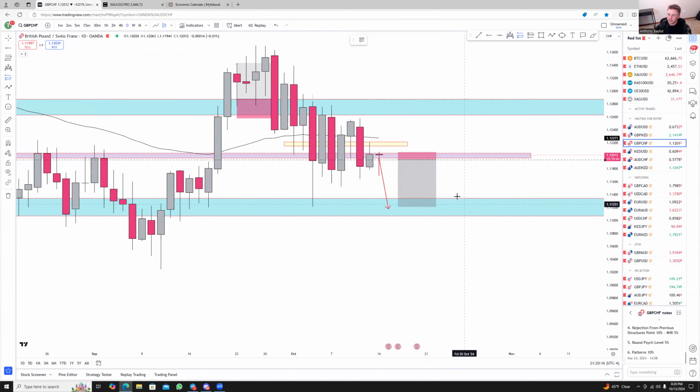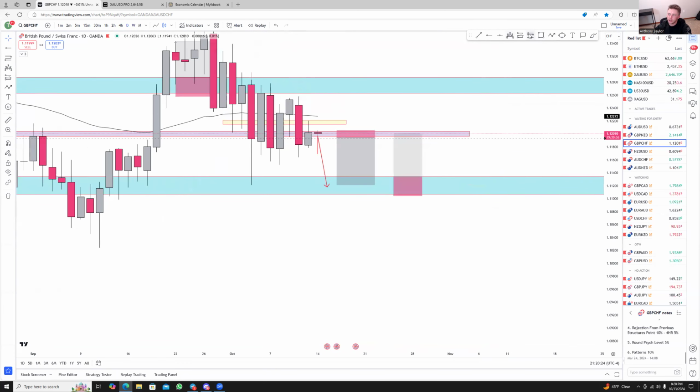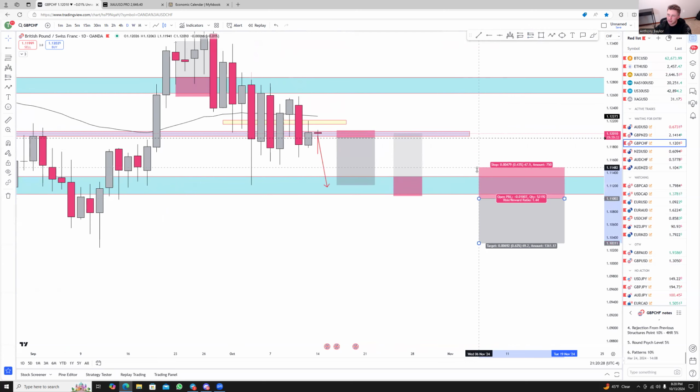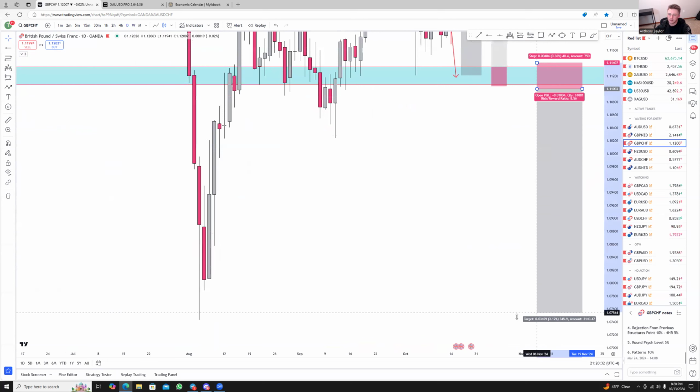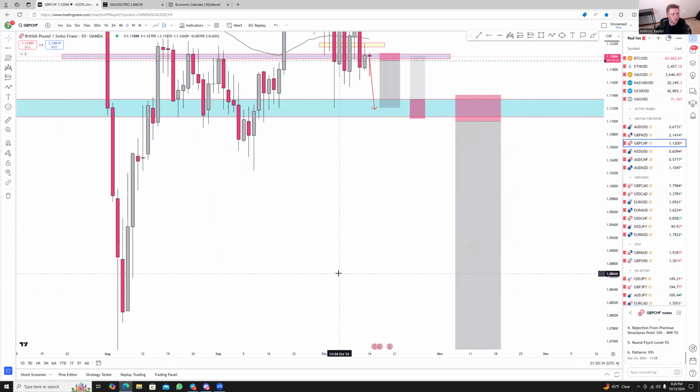And then we're going to be looking next week, possibly a trade back up. And then in 2-3 weeks, we'll be looking to take the trade back down to fill this right here. That's what our main goal is.